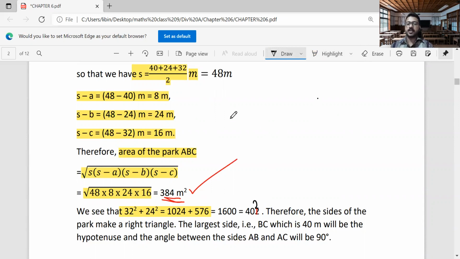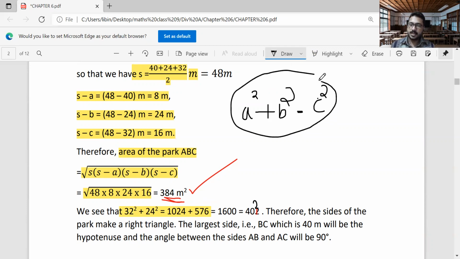It is 40 square. So as we have studied in our last chapter, if the sides of a triangle are in a manner that the sum of the squares of the base and altitude gives the square of the hypotenuse, then we can say that it is a right angled triangle.